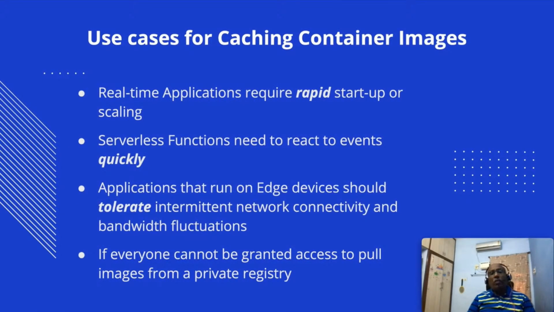Right. Now, let's talk about the use cases for caching container images in Kubernetes. For instance, you have a real-time application processing high-speed streaming data. Such applications need to start up very quickly, and even if they scale horizontally and new instances of the pod have to be started up, the scaling also has to happen rapidly.